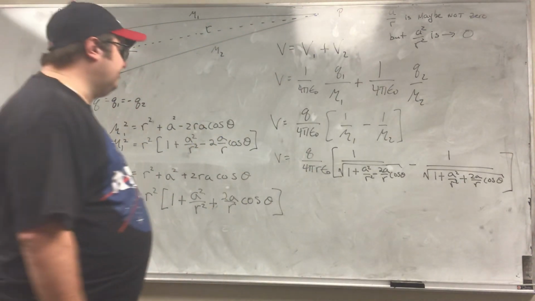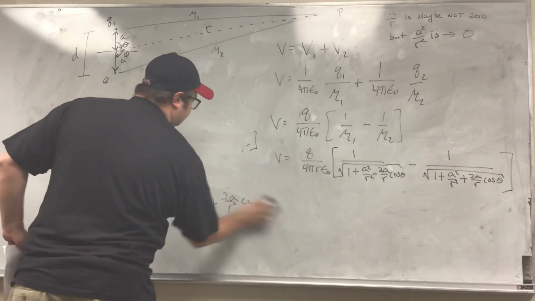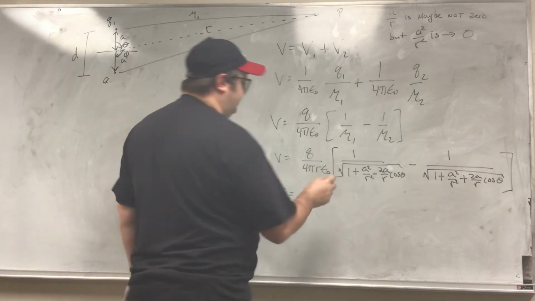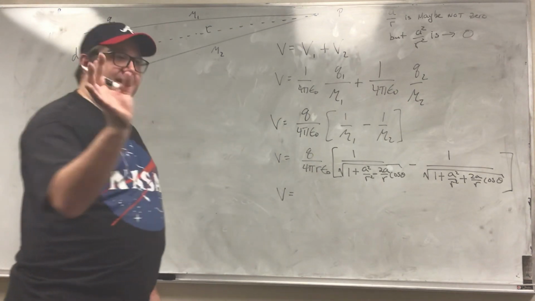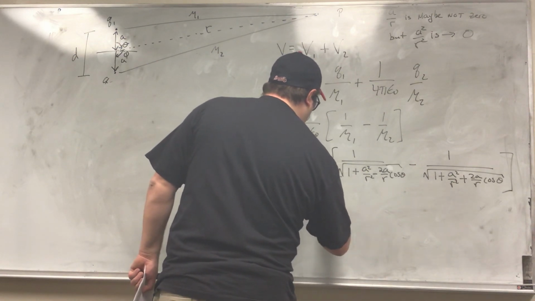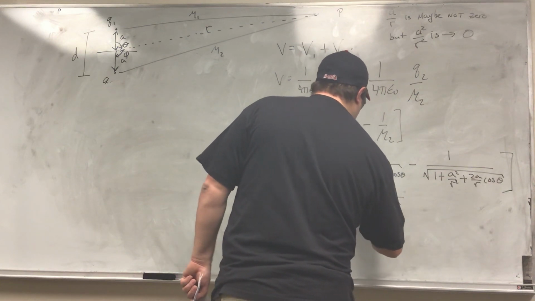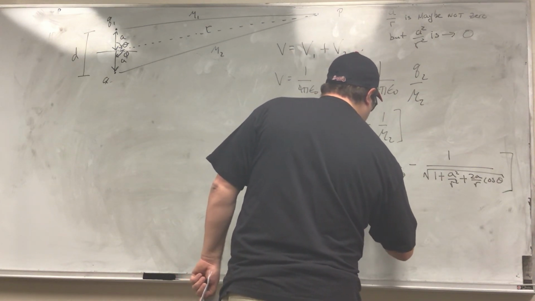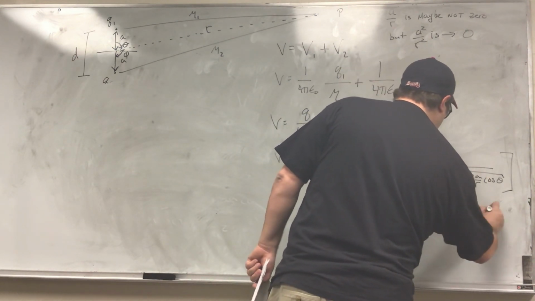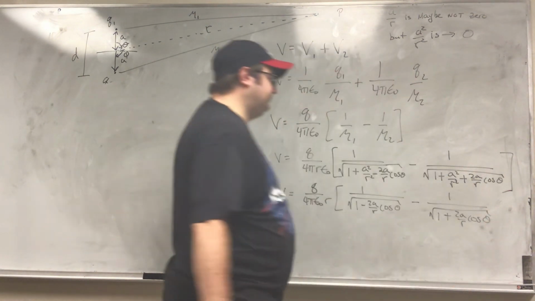So when I do that, it simplifies the equation for the potential. Every term that is a squared over r squared, I'm just going to make go to 0 here. So you get q over 4 pi epsilon naught r, times 1 over the square root of 1 minus 2a over r cosine theta, minus 1 over the square root of 1 plus 2a over r cosine theta.